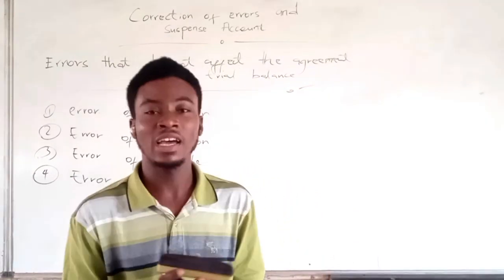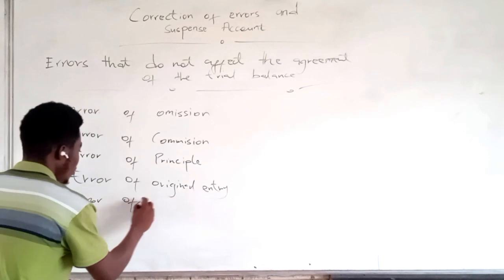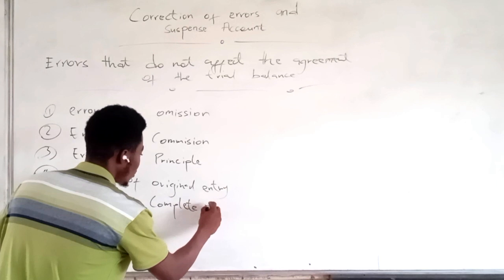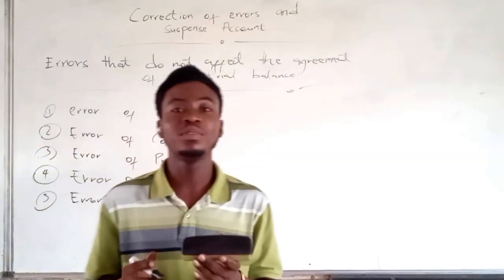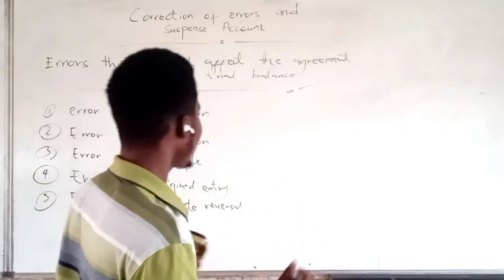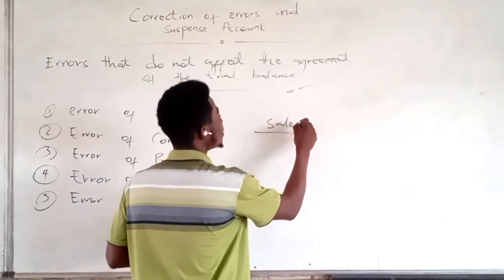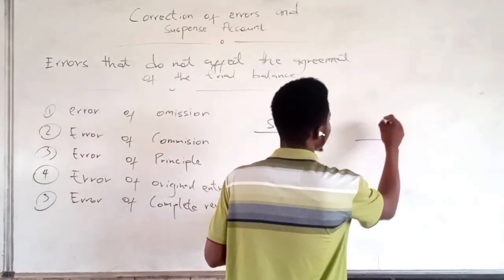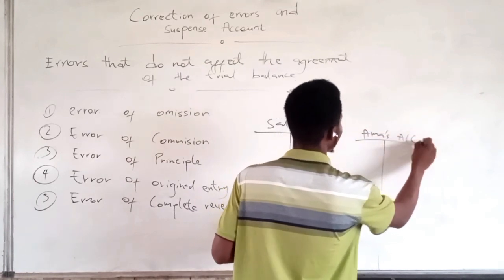So let's go to the other error that does not affect. Complete reversal. Error of complete reversal. So when you say complete reversal, let's say you are supposed to credit sales account with 200 and debit Amex account with 200.